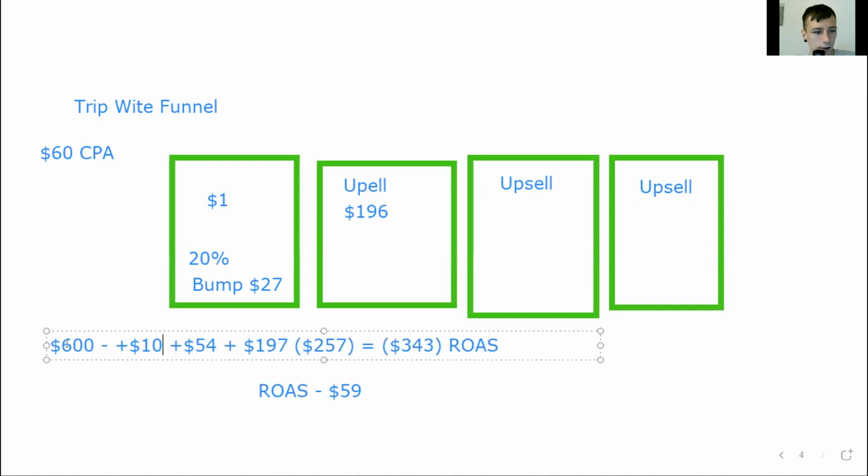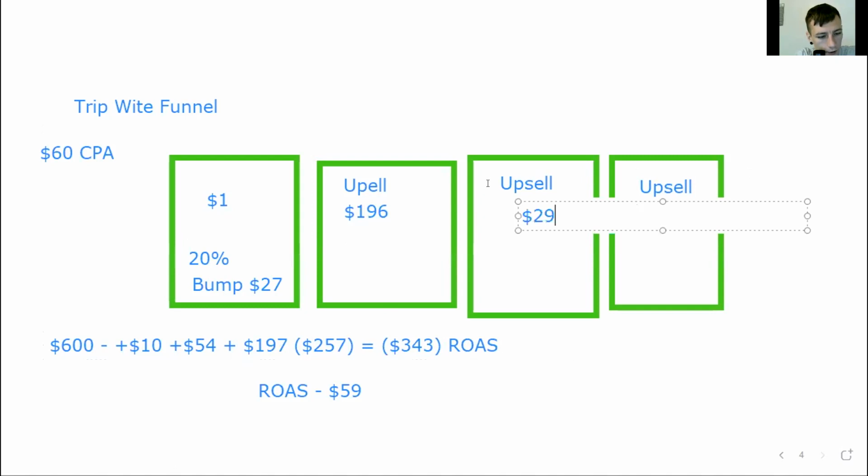So we're spending $600 to acquire 10 sales. We got a 20% take on this order bump, so that should go up a little bit. Let's say our upsell is going to be an additional $297 product here.